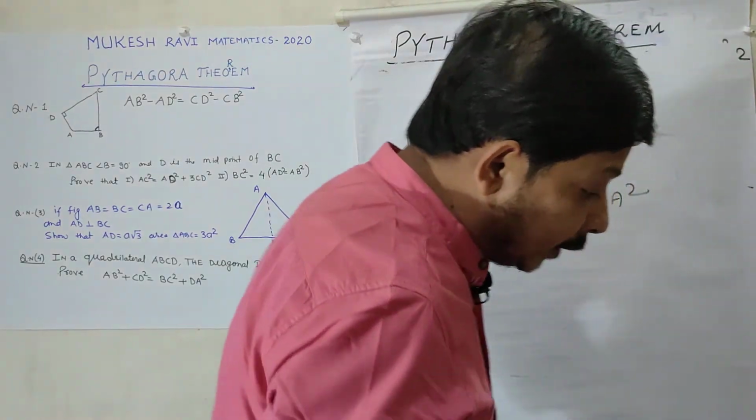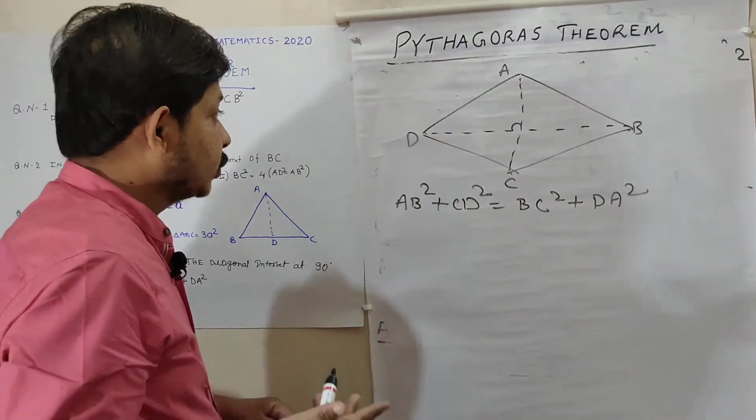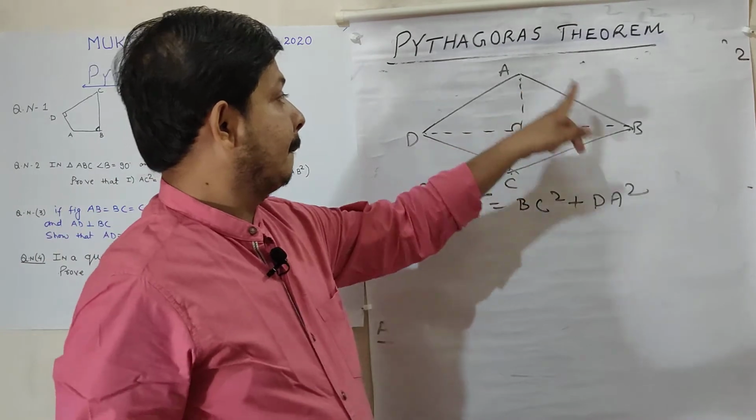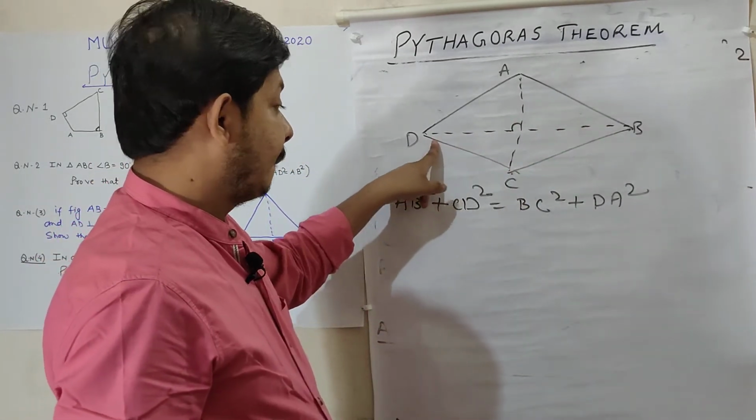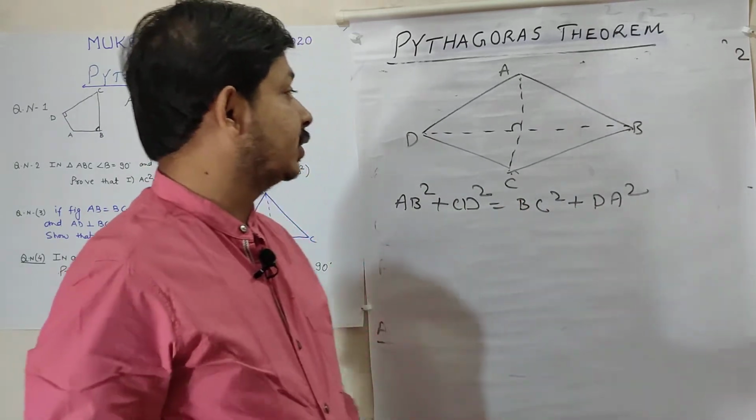So now what to take here? AB square plus CD square is equal to BC square plus DA square.